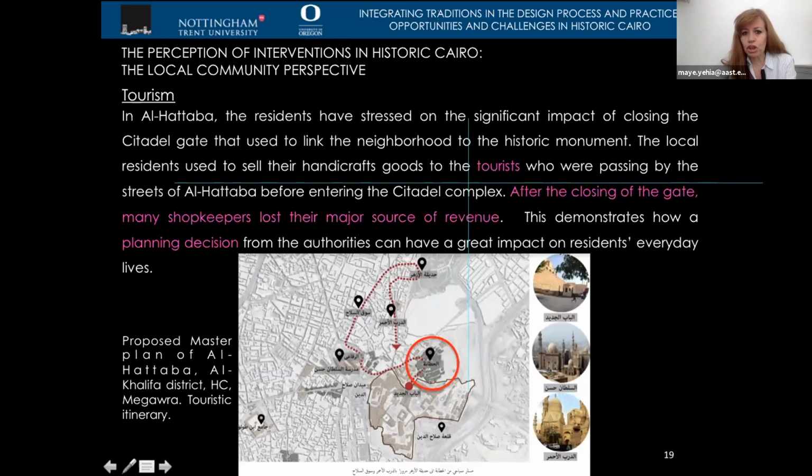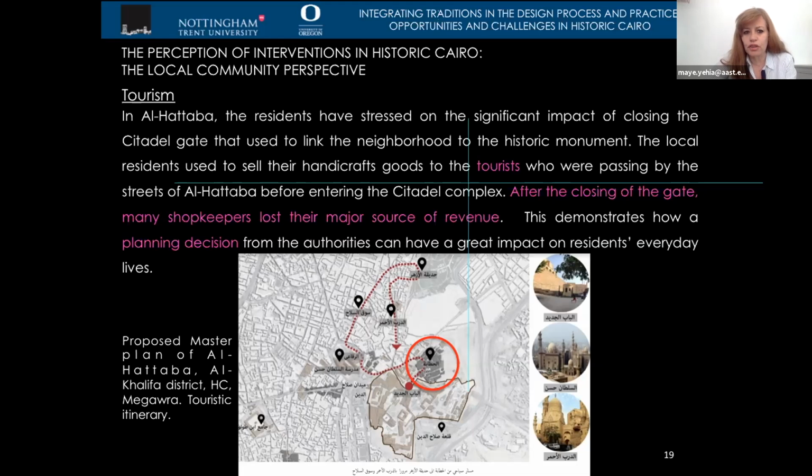About tourism, in Al Hattaba, the residents have stressed the significant impact of closing the citadel gate that used to link the neighborhood to the historic monument. We can see that the area of Al Hattaba is very close to the citadel of Cairo, and the problem is that the local residents used to sell their handicraft goods to the tourists who were passing through the street of Al Hattaba before entering the citadel complex.